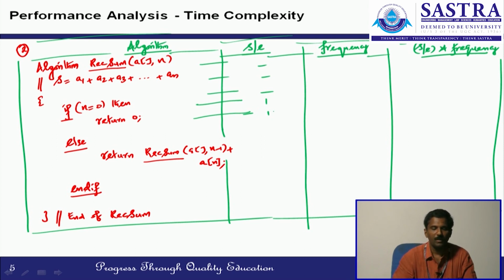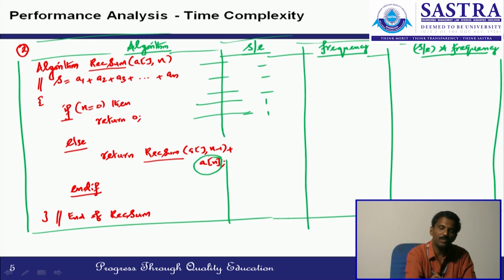Then consider this return statement in the else part, return recursive sum A array comma n minus 1 plus A of n. In this case, understand carefully, this is not a simple return statement.